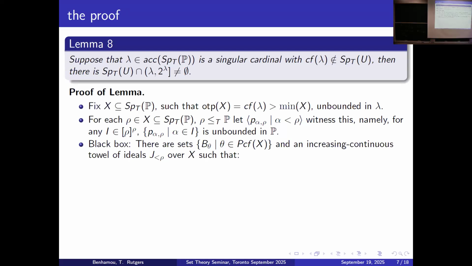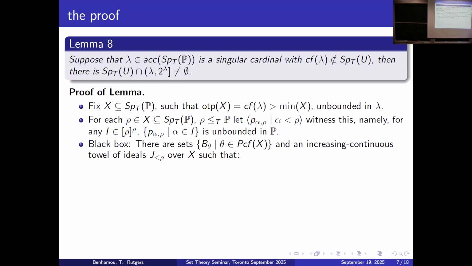Okay, anyway, let me just say what these PCF generators are. So we have these sets B sub theta in the PCF of X. These are some subsets of X. And then we have these ideals, the tower of ideals, J less than rho for any cardinal.